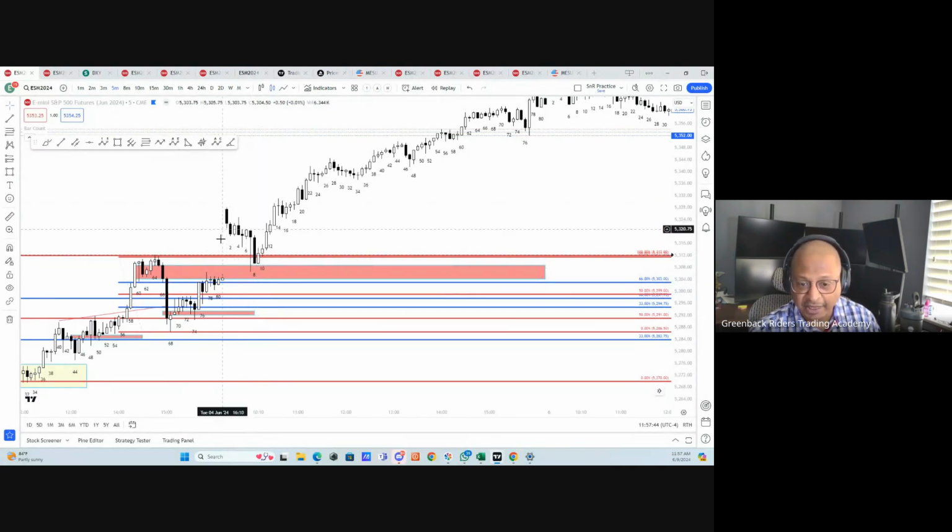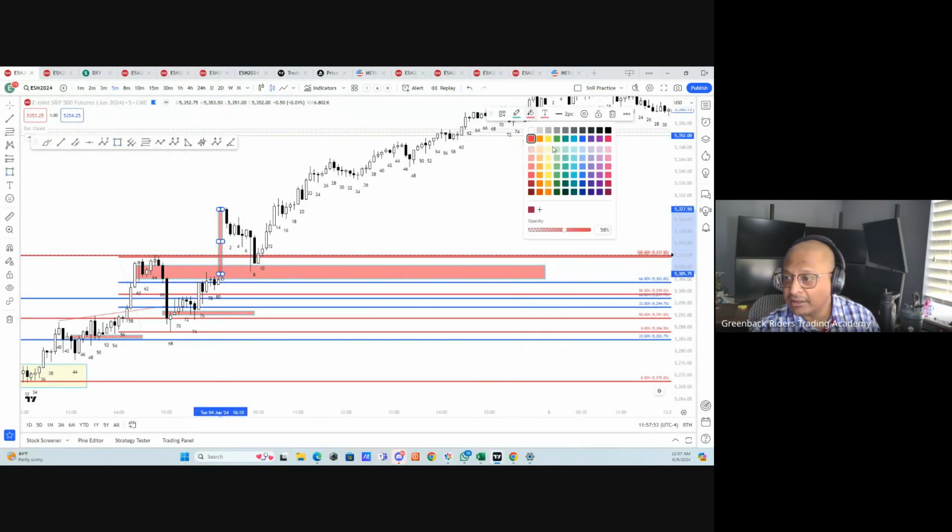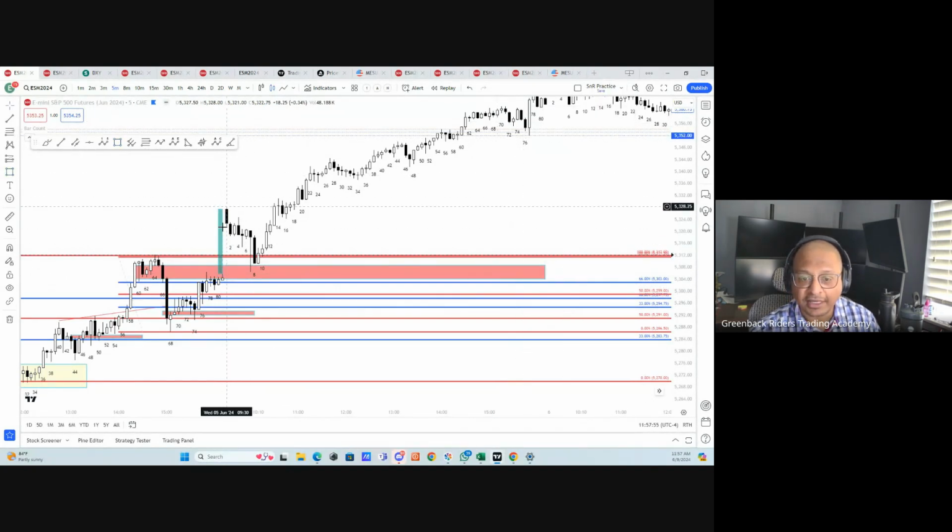Now this is the first bar of the day. If I say that we have just started, and this was, let me change the color. This was the first bull bar of the day, right? Which was not a part of RTH. And since we had a gap up, we want to come down where? To the bottom of the bull bar. And the bottom of the bull bar is actually the COI.